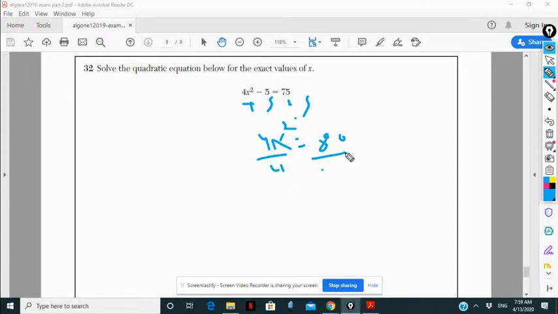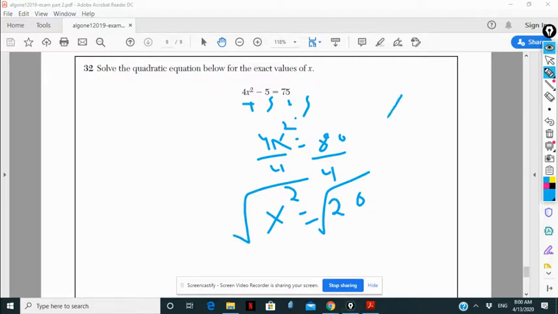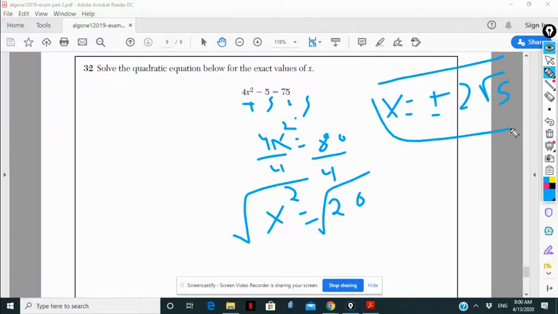Divide by 4. So x squared equal to 20. Take the square root. So x equal to plus or minus 2 radical 5.